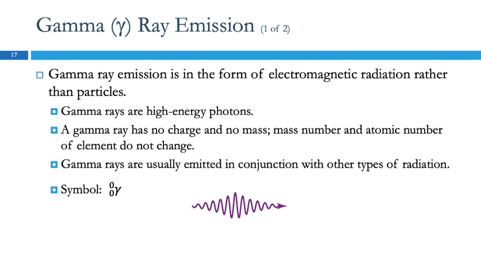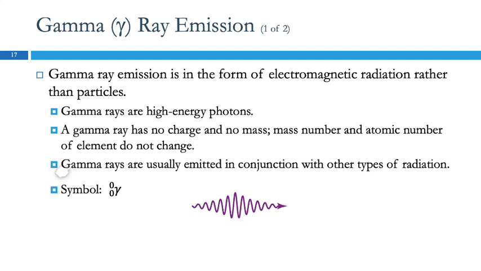But then as you go off to the sides, if you go to the right, you get ultraviolet light, which can give you a sunburn, right? And then you get X-rays, or higher energy, and then way at the end is gamma radiation. Very, very high energy. It has no charge, no mass, so it doesn't change the mass number or the atomic number of the element.